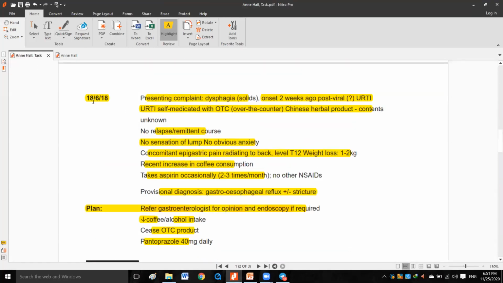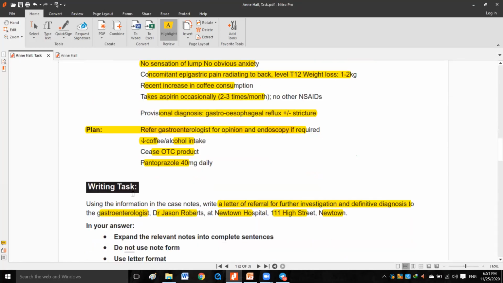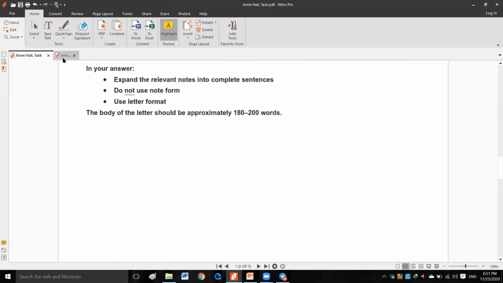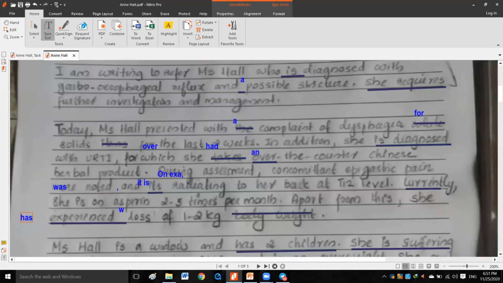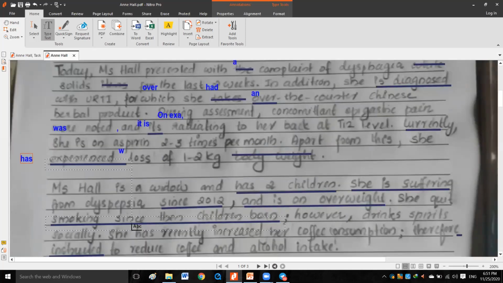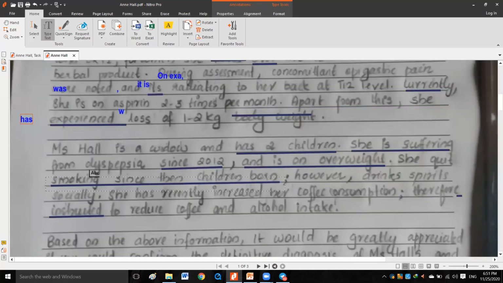Yeah, it's mentioned in the presenting complaint on today's visit, so still relevant. That's why we can use "has experienced." Ms. Hall is a widow and has 2 children. This is irrelevant to mention.